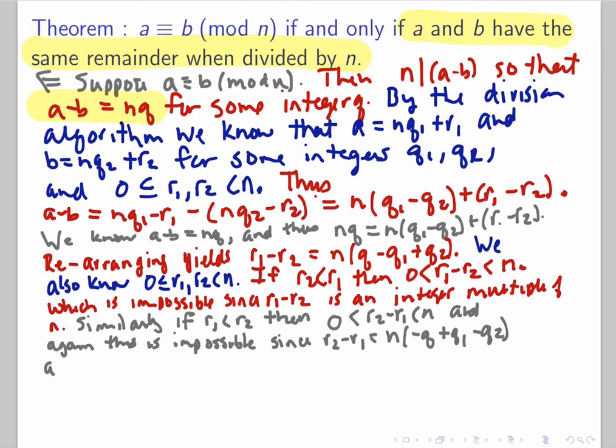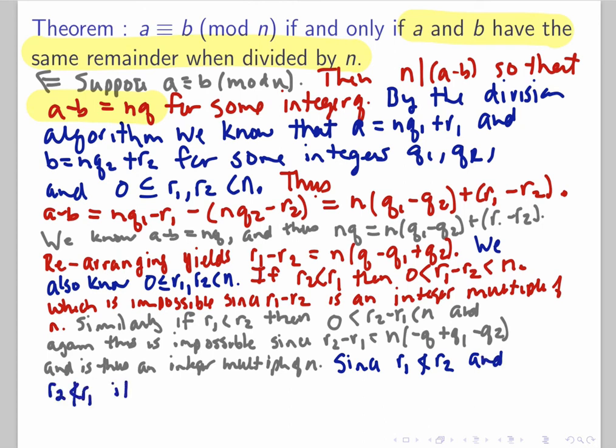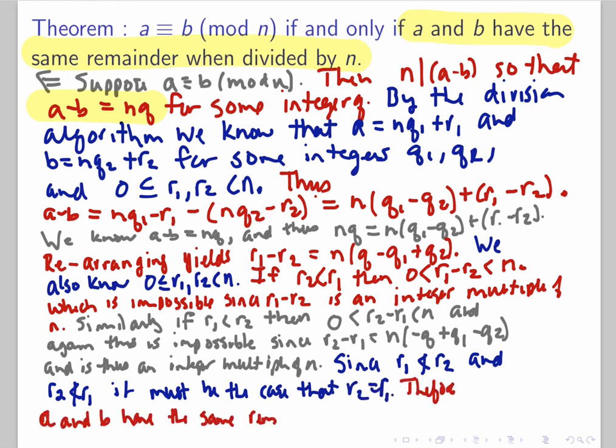So we already know that r2 minus r1 is n times an integer. So r2 minus r1 is an integer multiple of n. So it can't be positive but less than n. It's an integer multiple of n. So since r1 can't be less than r2 and r2 can't be less than r1, it must be the case that r2 and r1 are the same, which was our goal. So therefore, A and B have the same remainder when we divide them by n.